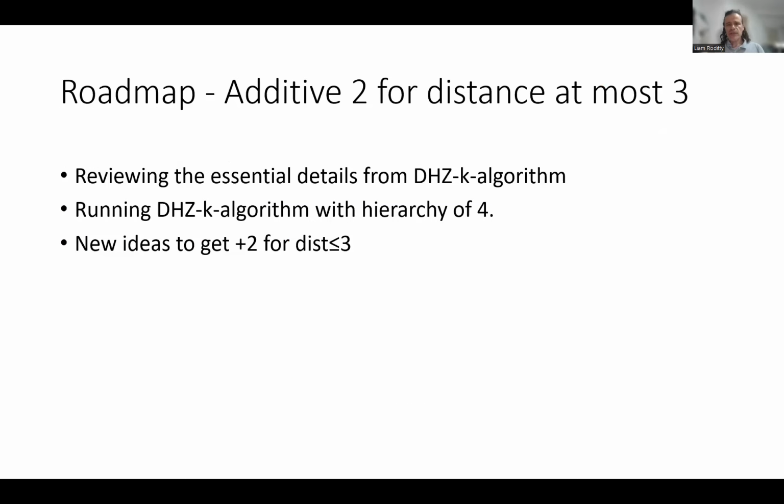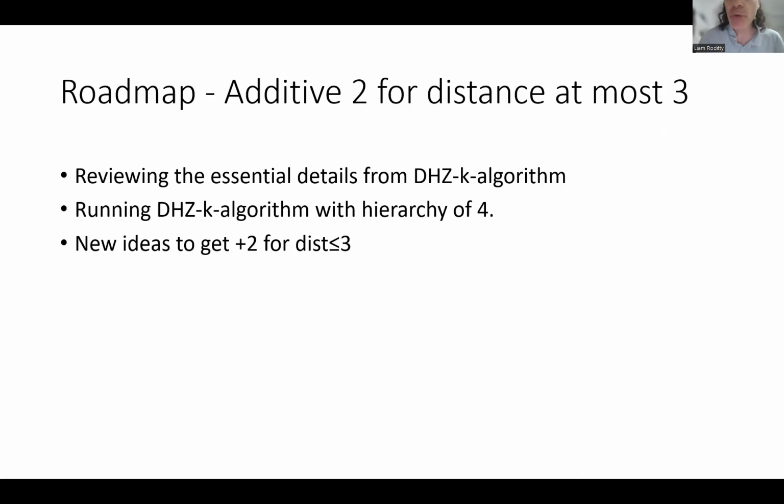And for the rest of this talk, we have the following roadmap. I will try to give you the picture for the additive 2 approximation for distances at most 3. In order to do that, we need to understand some essential details from the Dor, Halperin, and Zwick algorithm, the first one, the one for sparse graphs.